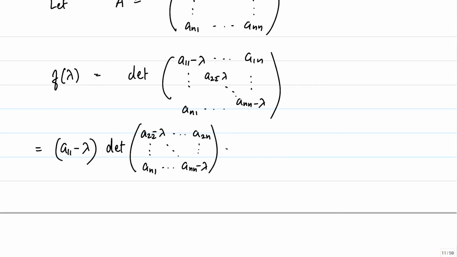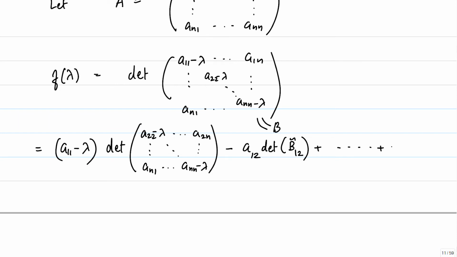What will be the second term? The second term will be minus a12 times, let me write it as b12 tilde, where b12 tilde is, if you call this matrix equal to B, the relevant minor, and so on.